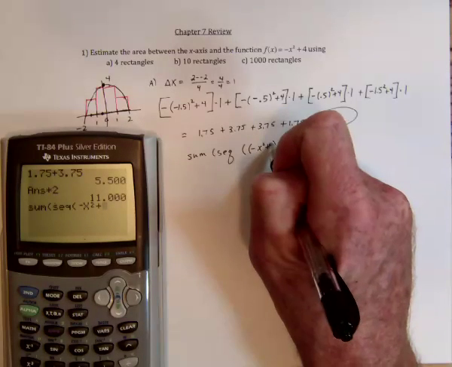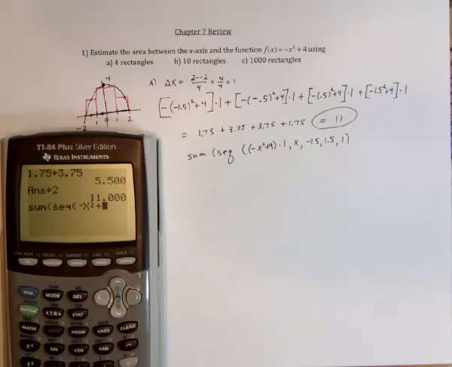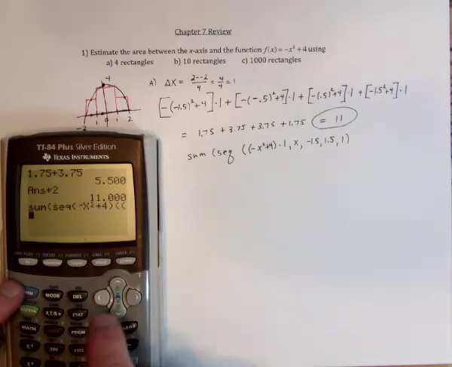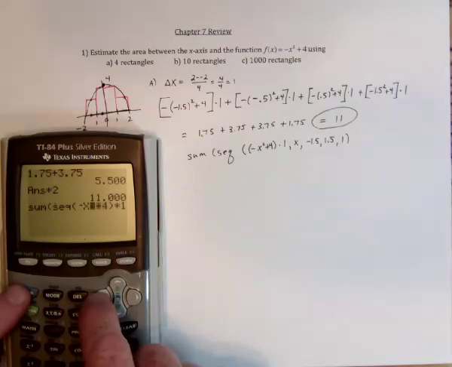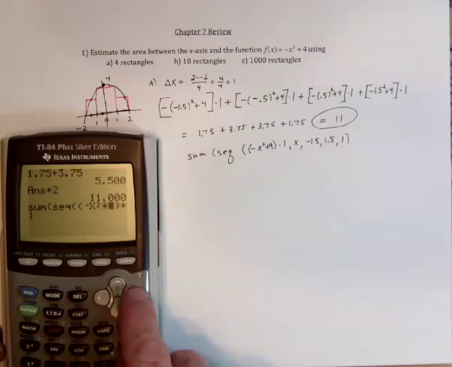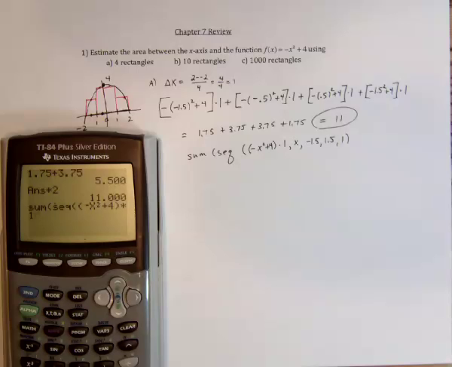This is x squared plus 4. And then for part B and C, I'm going to have a different width than 1. So as a placeholder, I don't really need a 1 in there, but I'm going to put the 1 just to say that's where the width goes.